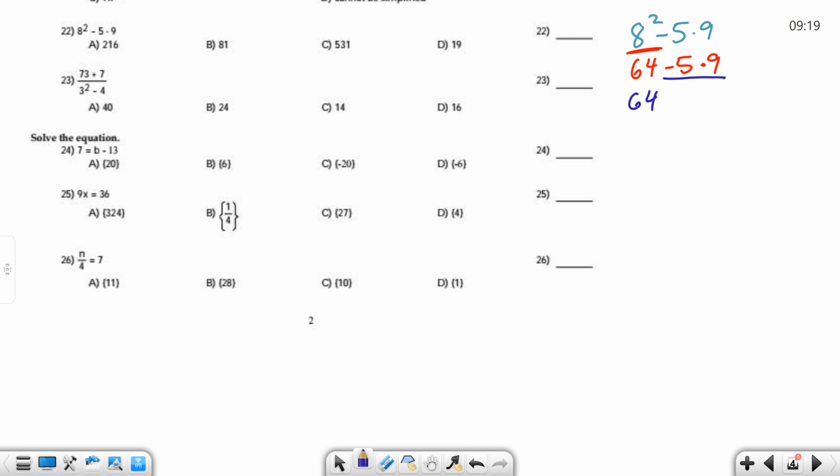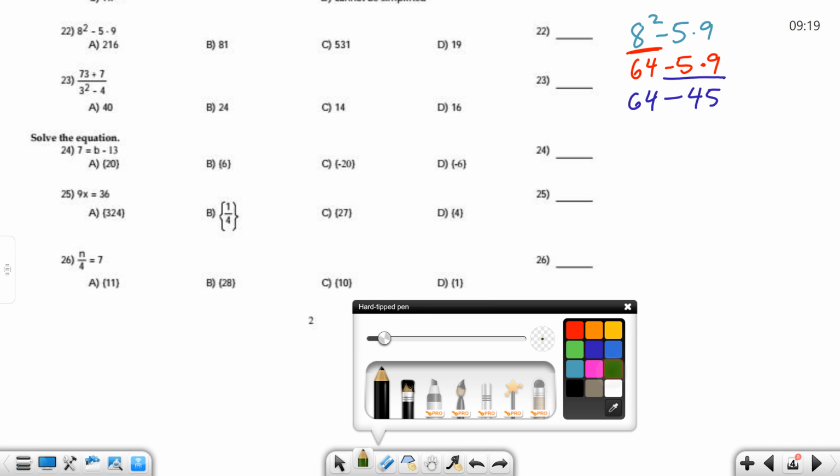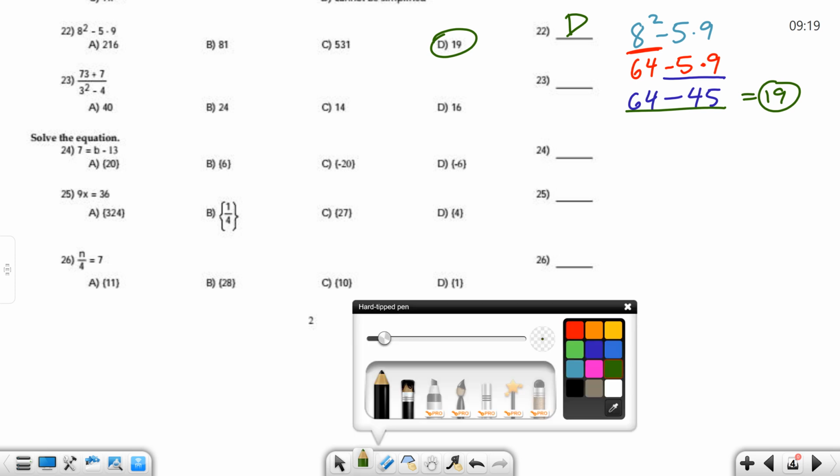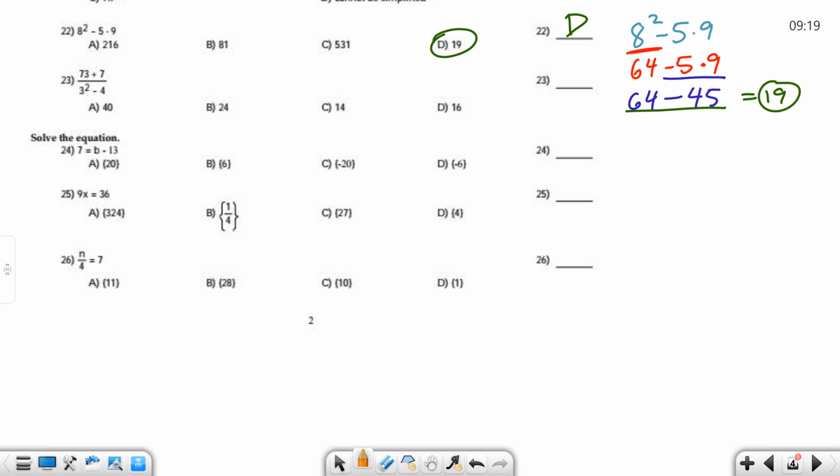So this is going to be 64, and a negative times a positive is negative. 5 times 9 is 45. And then finally, I subtract. 64 minus 45 is 19, right? 19, which is D. So that's the order of operations. You had to follow those there and see what answer came out.